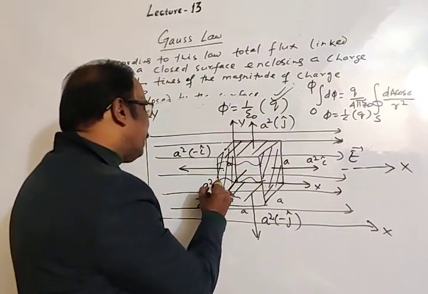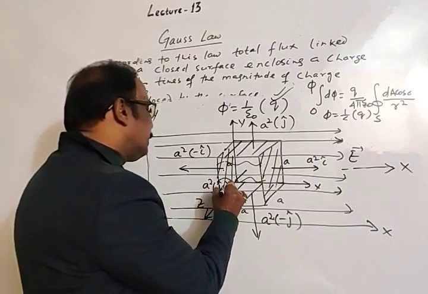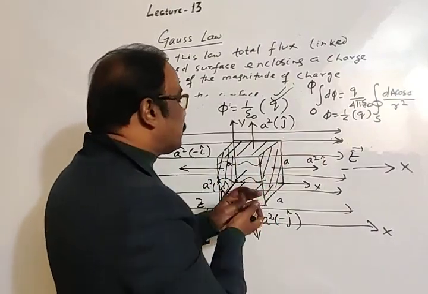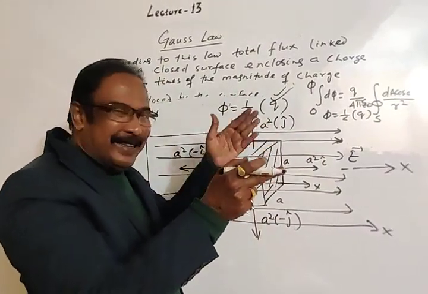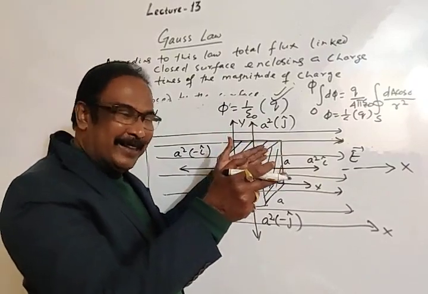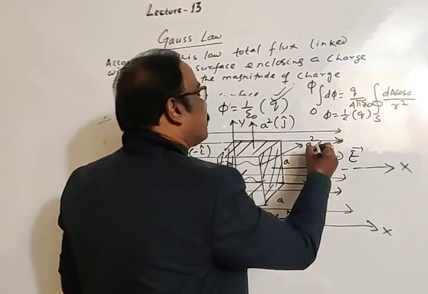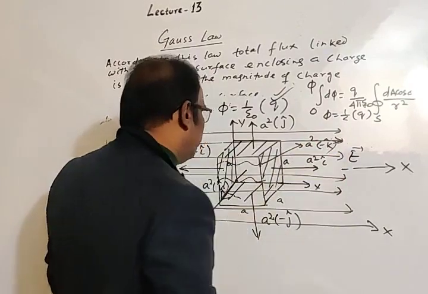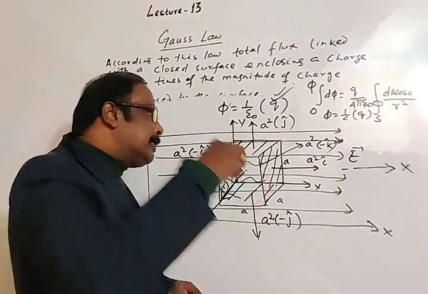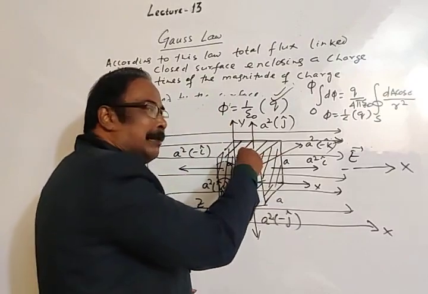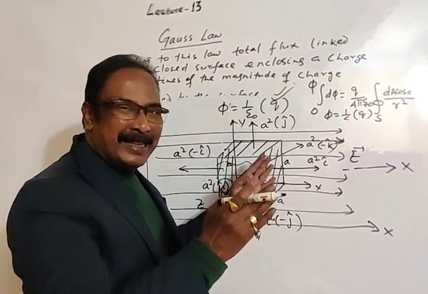This area is A square, and unit vector along z-axis is k cap. Then the final surface just behind the front surface, this surface area is again A square, and direction will be along negative z-axis. This is along positive z-axis, and this is along negative z-axis for backside surface.